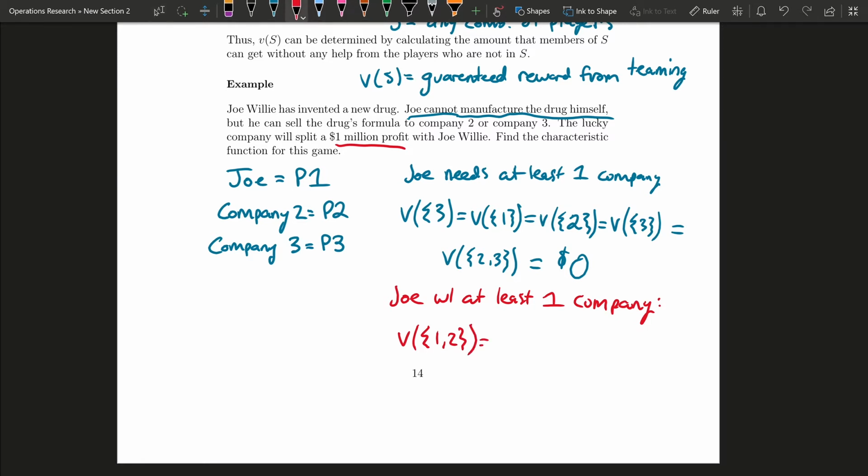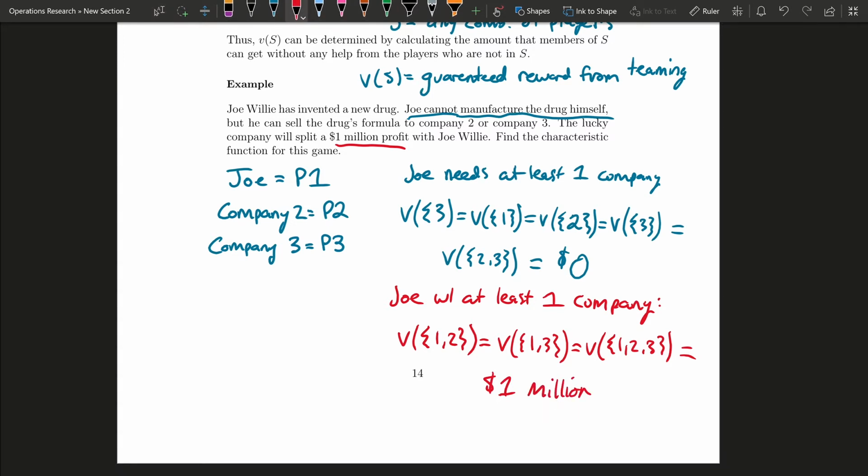It's going to be the same reward as Joe working with company 3. This is also going to be the same total reward as Joe working with companies 2 and 3. And all of this is going to be that $1 million reward.